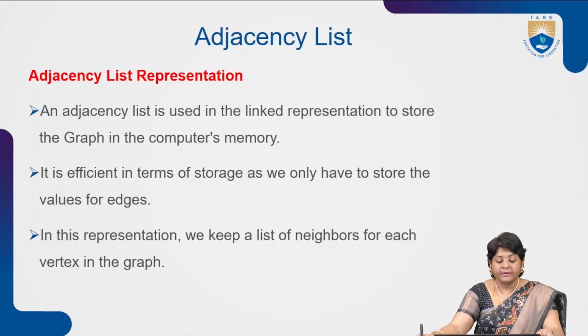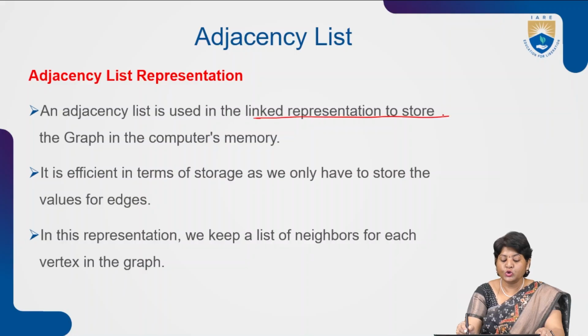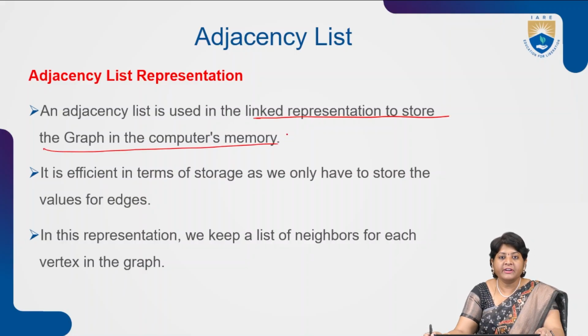Adjacency list representation. When a graph is given, how will we find an adjacency list? An adjacency list is used in the linked representation to store the graph in the computer's memory. So whatever data we are giving needs to be stored in the computer memory, and in which format it is stored is also important.